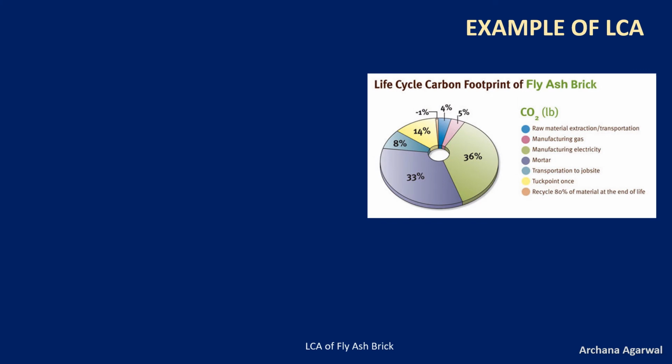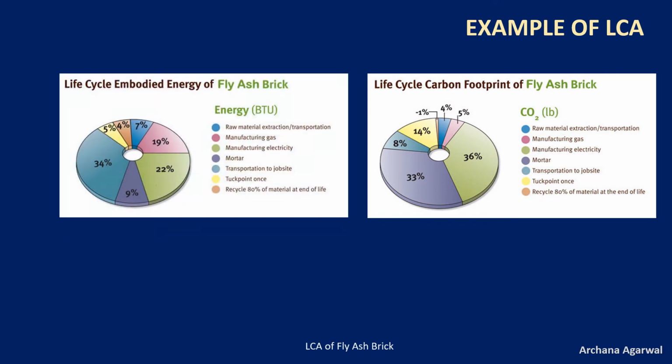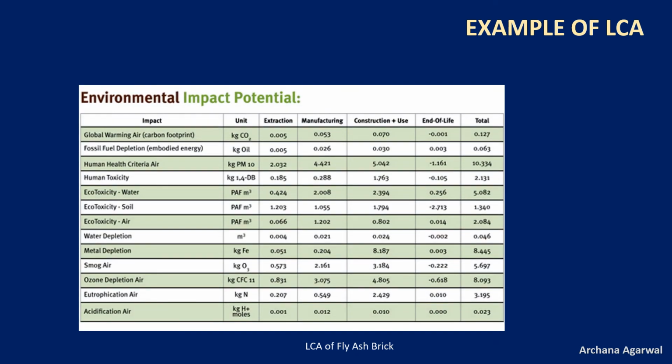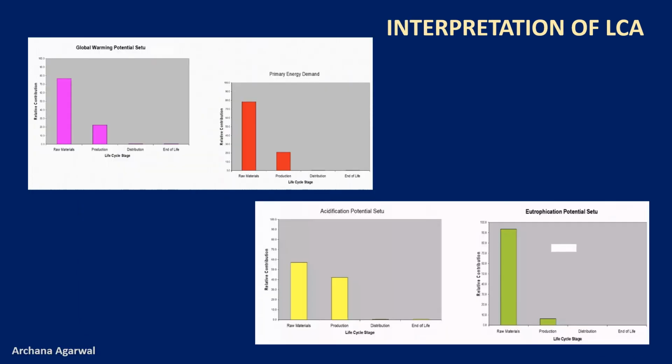The results of the assessment are shown in the form of carbon footprint and embodied energy. Finally, the environmental impact potential is presented in a tabular form where all the environmental parameters are examined for all the stages. The interpretation of LCA can be presented graphically.